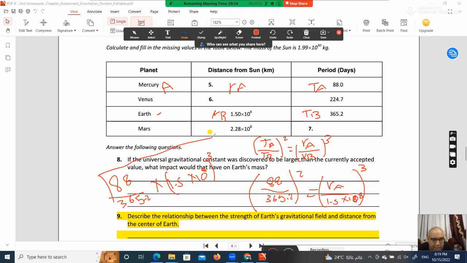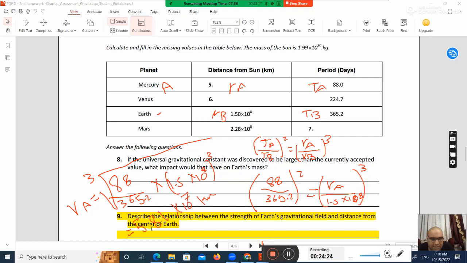All of this under the cubic root, right? The cubic root to get RA. And so the final answer will be 5.81 times 10 to the power 7 kilometers.